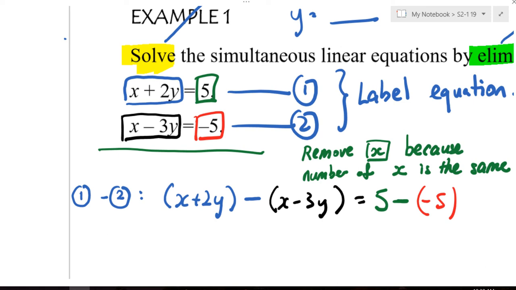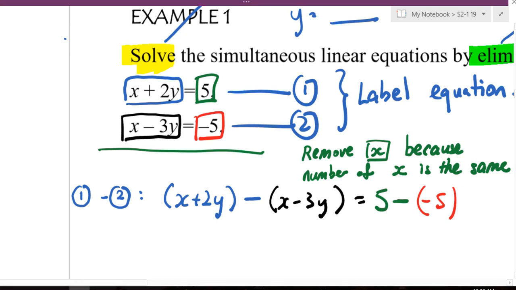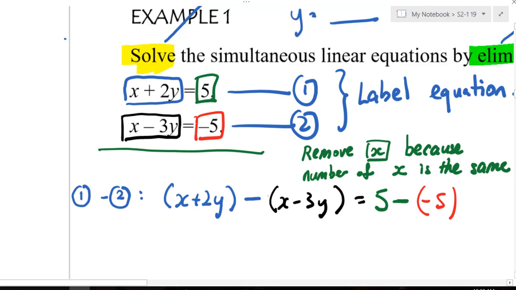Now next, let's handle this minus. Minus this thing. Who not sure how to minus? Okay, Ridwan. Can you help me? This negative can be understood as -1. There's a 1 there. Okay, so it's like there's a -1 there. So you can take it as negative. Okay, so I copy down x plus 2y.